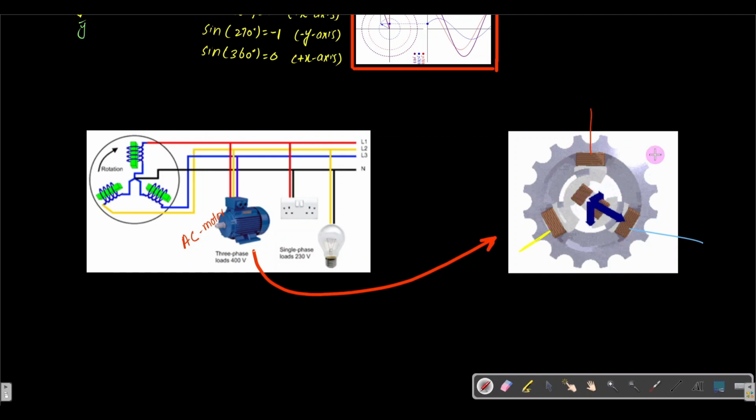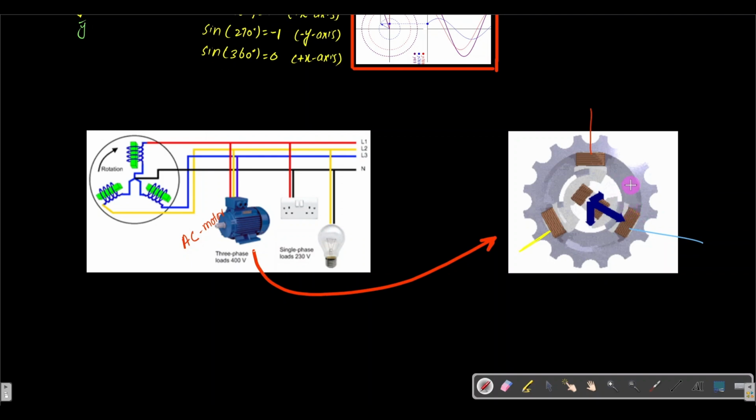Therefore we say that in the AC motor the magnetic field is moving with the synchronous speed. That synchronous speed comes from the three-phase alternating current. The three-phase alternating current produces the magnetic field, and the magnitude and direction of that magnetic field are also changing.